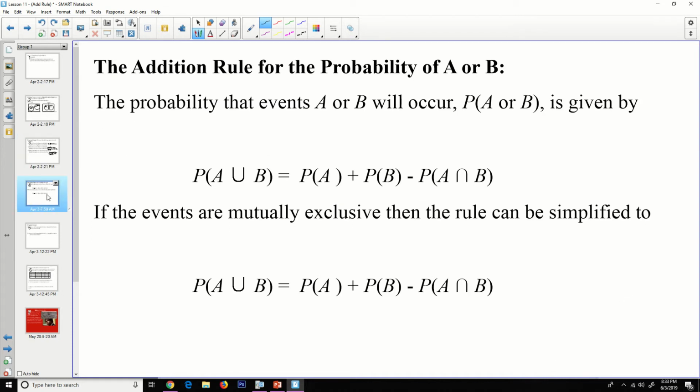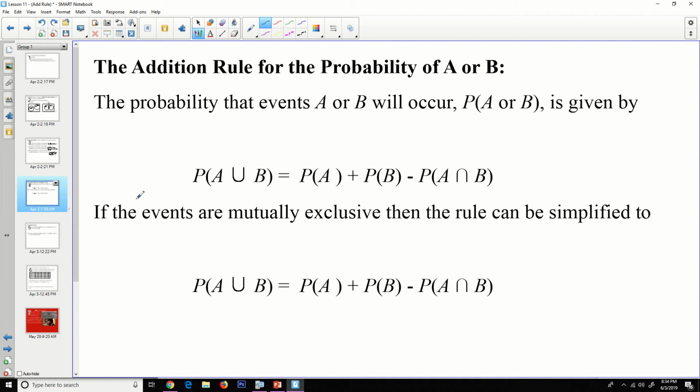Addition rule for probability of A or B. The probability that events A or B will occur. The probability of A or B is given by the probability of A union B, and this symbol here is the union symbol. I don't know if we've talked about it, but if you need me to go over it, you can ask in class. The probability of A union B is the probability of A plus the probability of B minus the probability of A intersect B. So this is subtracting the intersection.